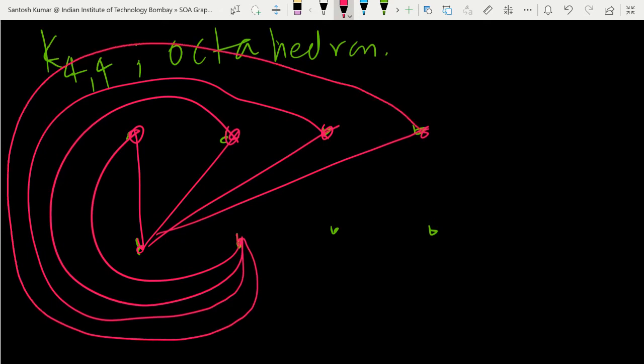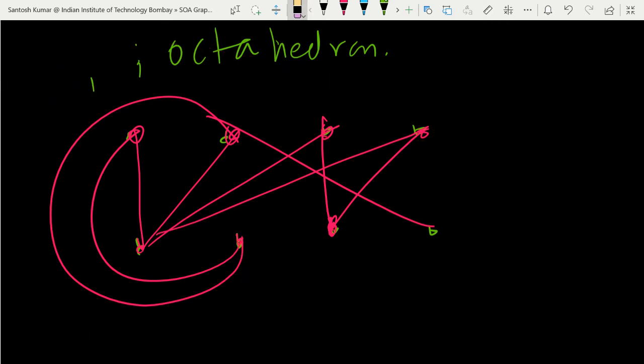Join like this. Then how will you join this, and you are stuck. I will join this one. Like, you have to cross somewhere. So okay, K44 is not a good example.